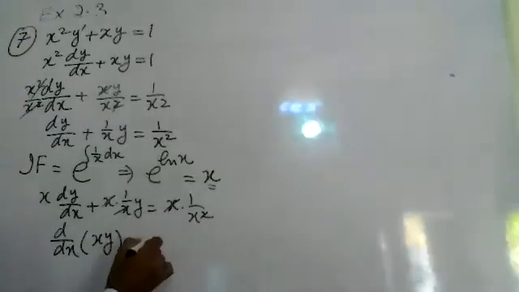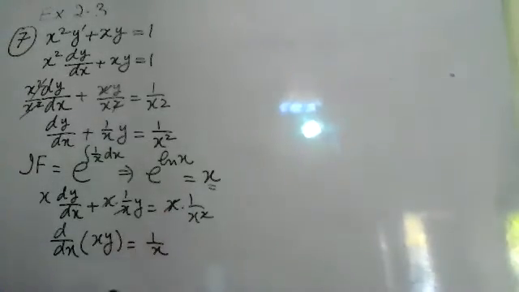And this is 1 over x, multiplied by dx, 1 over x dx.